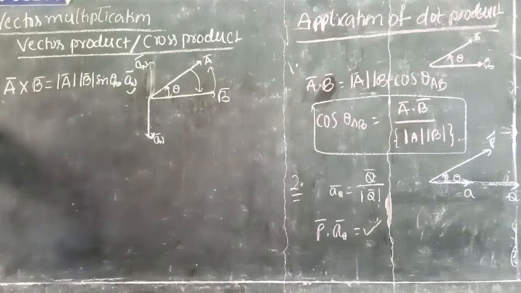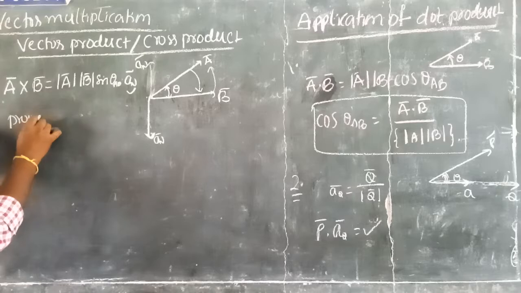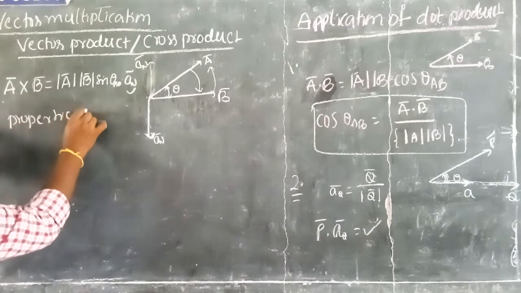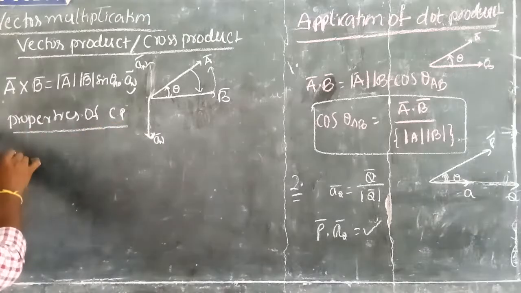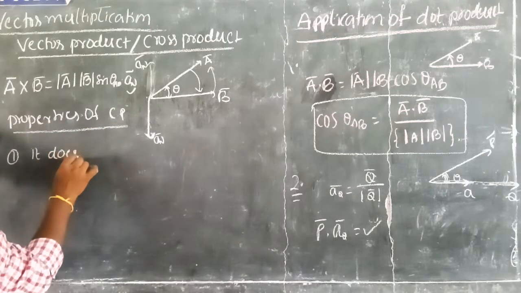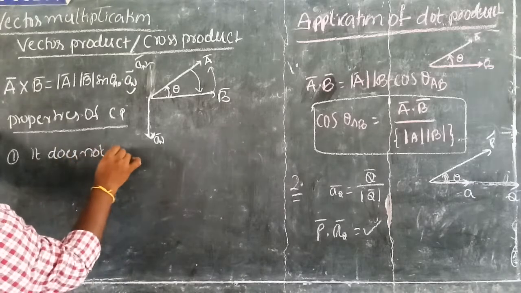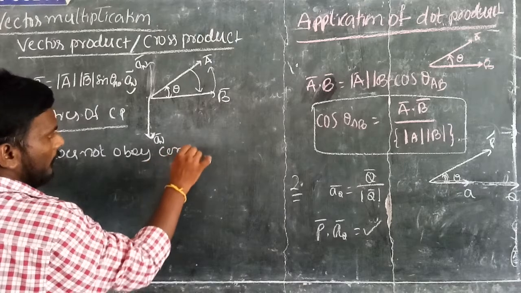Okay. Now what are the properties of the cross product? This is the first property. It doesn't obey the commutative property.